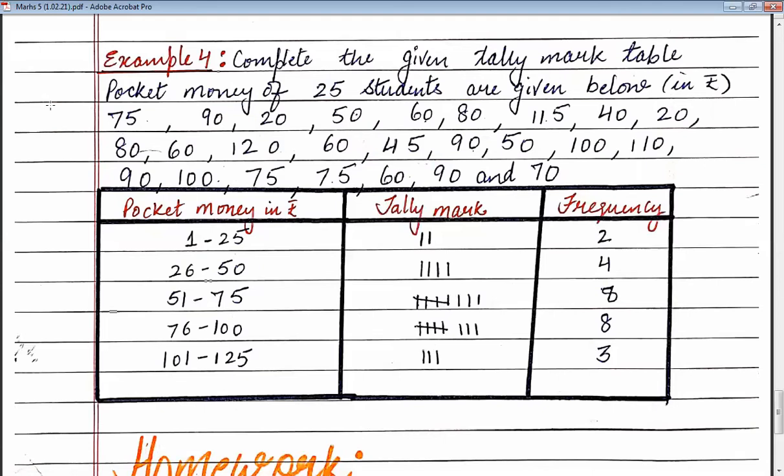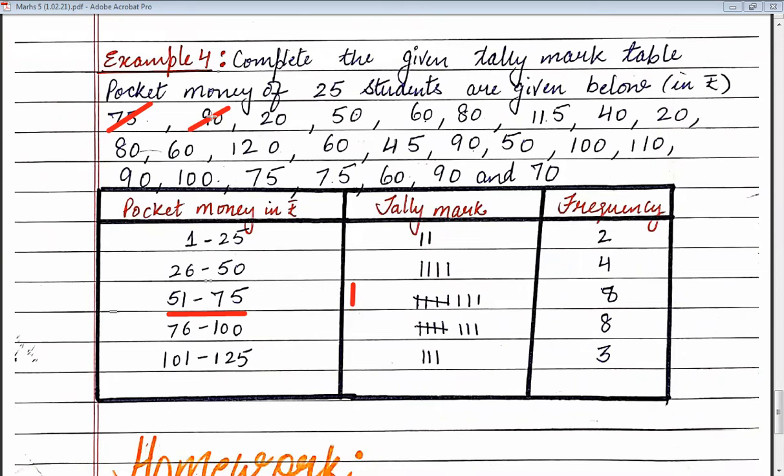Now let's discuss a few. The first one is 75. So let's cross it here, 75. Now children, can you tell me where you are going to put a stroke for the first entry? Yes, you are right, you are going to put your first entry between 51 and 75. Okay, this is your first stroke. Now let's see 90. Let's cross it, 90.